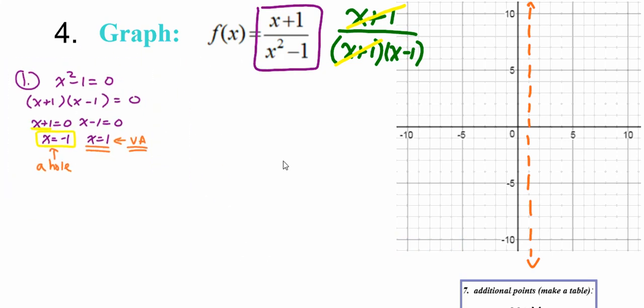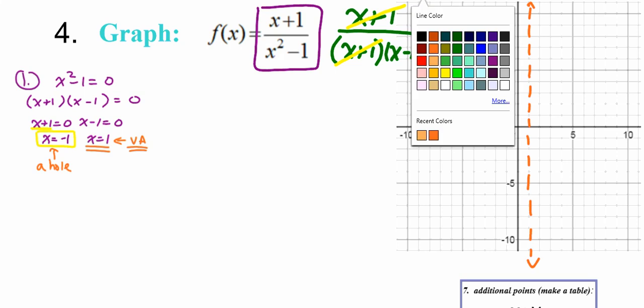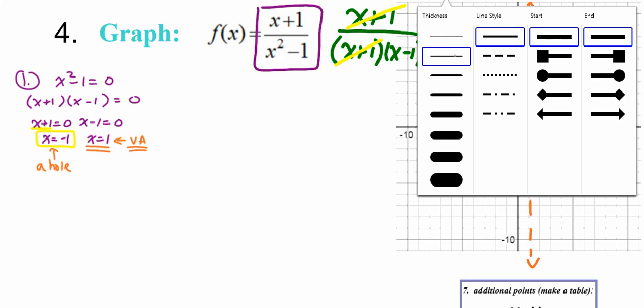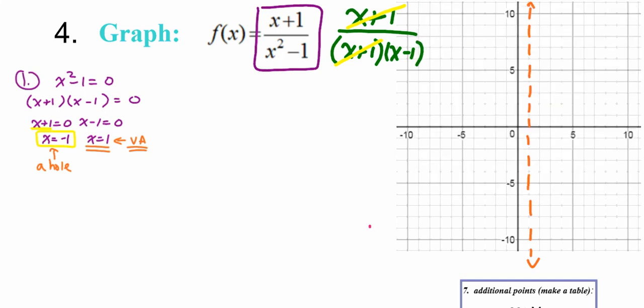Okay. So step 2, let's find that horizontal asymptote. Let's do some pink. So step 2, we're going to go ahead and look at our rules, right? So it's not the first rule where the highest exponents in the numerator and the denominator are the same.